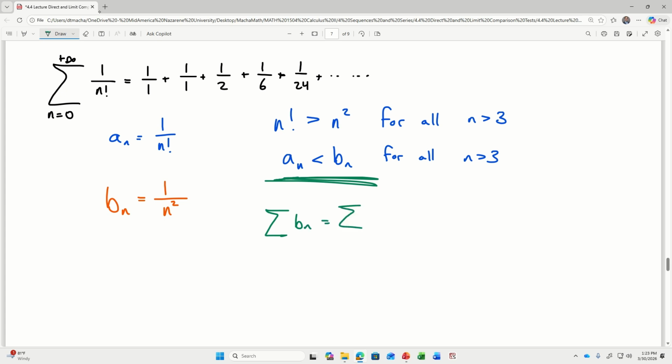So the series we're looking at is the series 1 over n squared. Does this one converge or diverge? It converges. How do we know? P-series. Yep, because it's a p-series with p greater than 1.